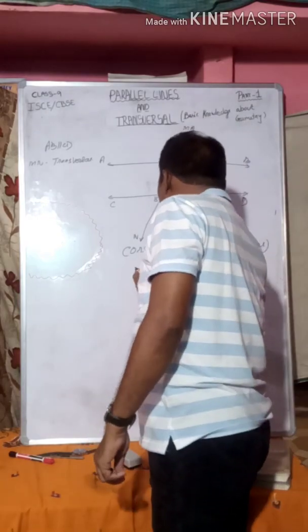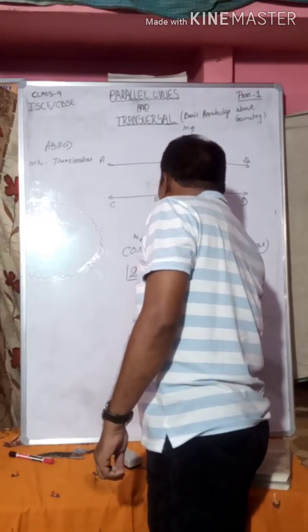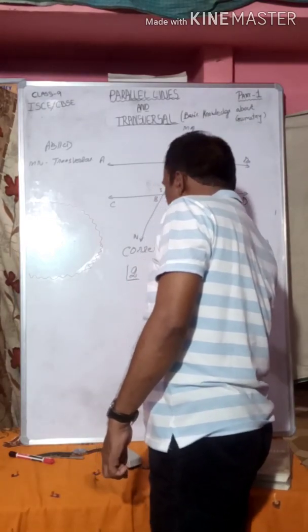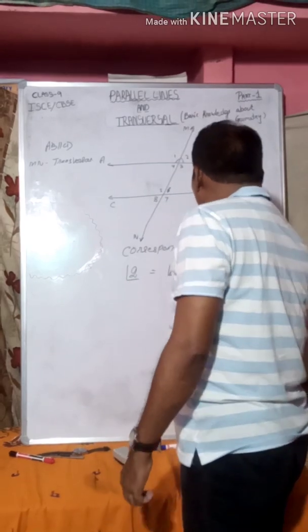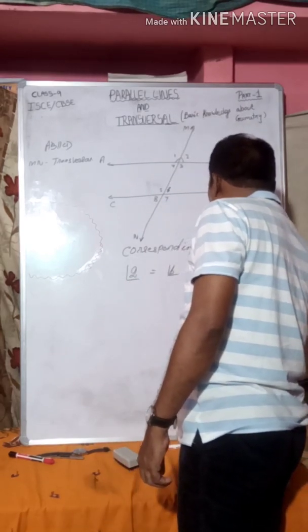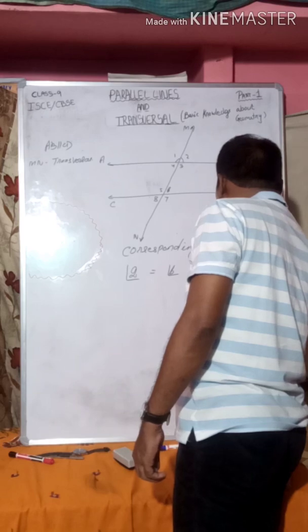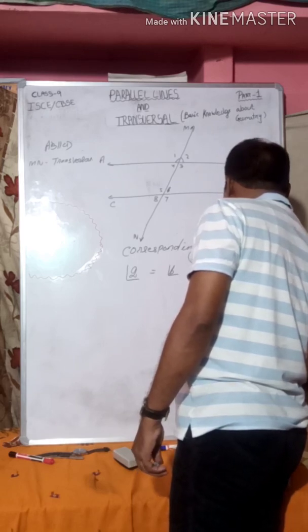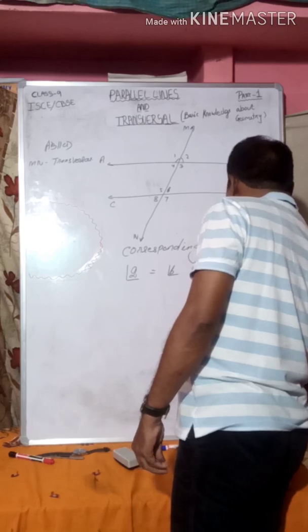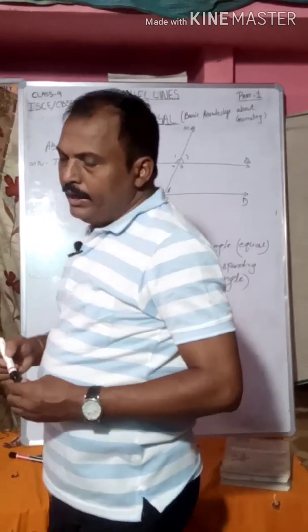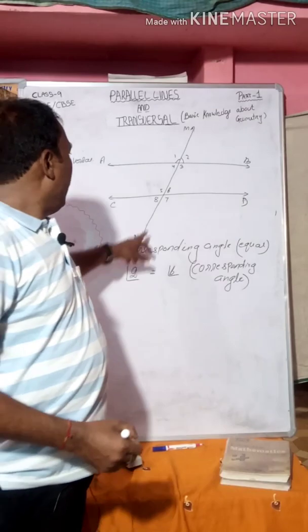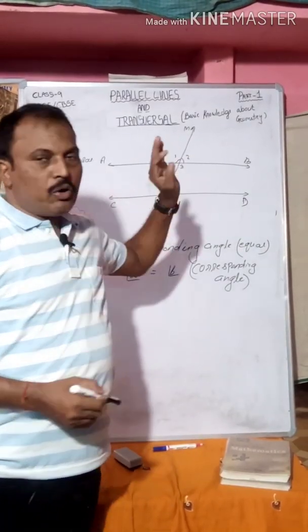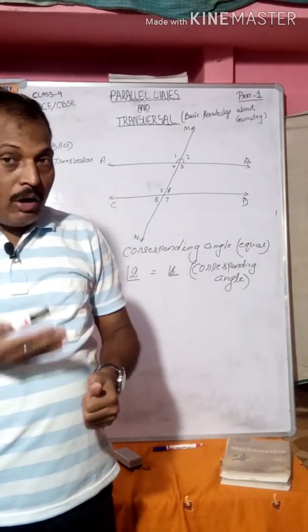Angle 2 is equal to angle 6. These are corresponding angles. Angle 2 is equal to angle 6. Angle 2 and 6 are corresponding angles. What are corresponding angles?